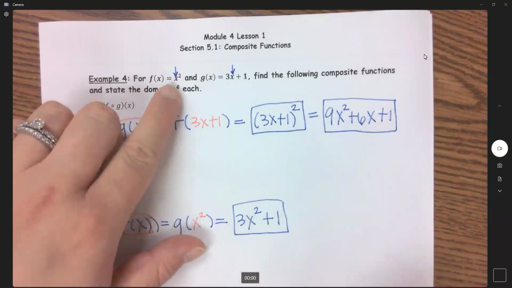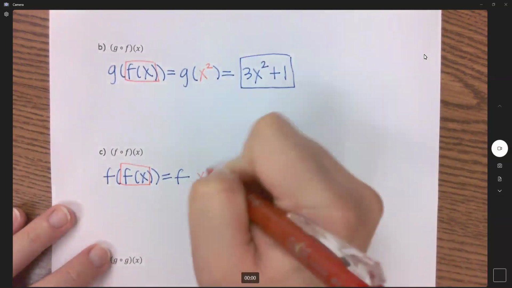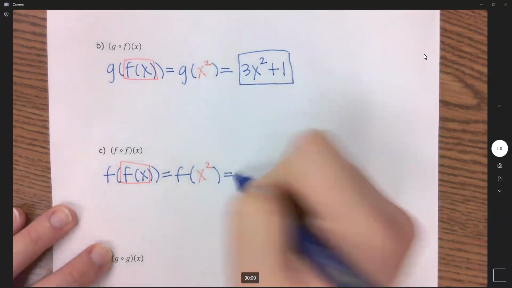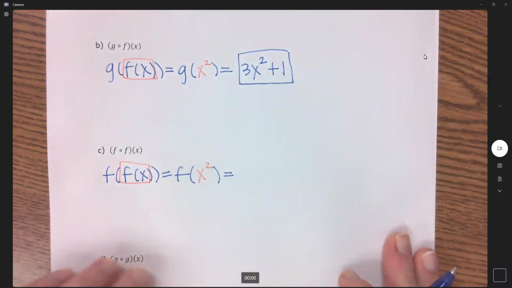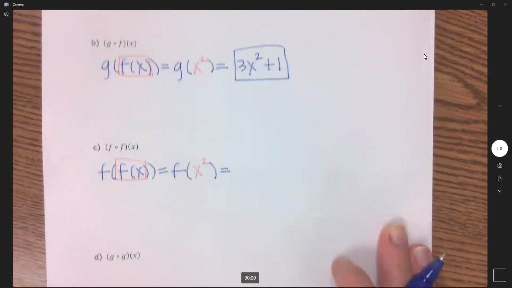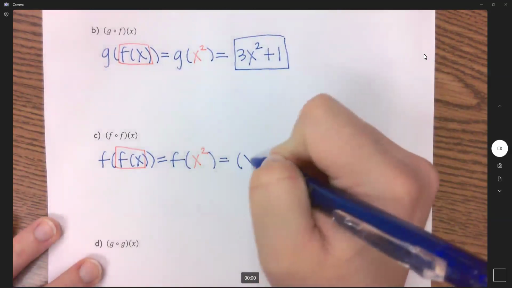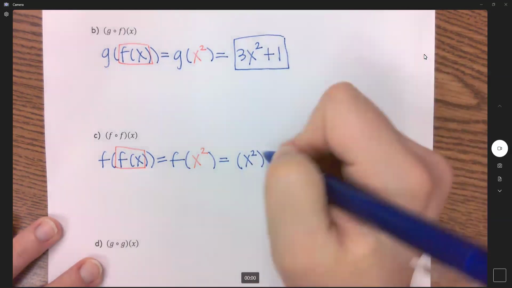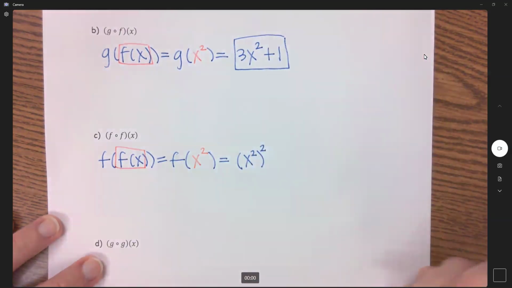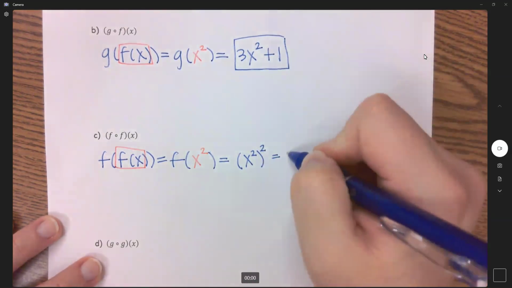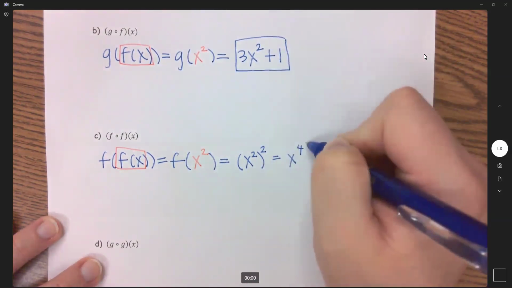My f of x is x squared. So now go into your f of x and replace this x with x squared. So we are going to have x squared, that's me replacing the x, and then it's squared. Power to a power, we multiply, and so that is x to the 4th.